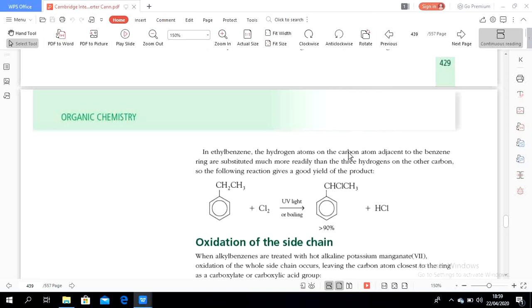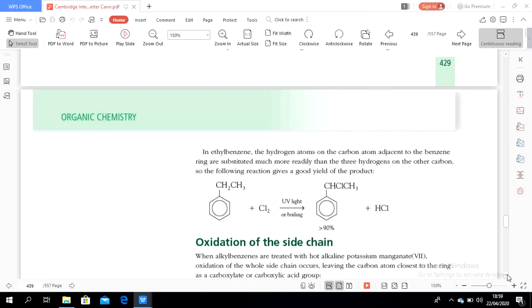The hydrogen atom adjacent to the benzene is substituted more readily than the 3 hydrogens on the other carbon, because there is a positive inductive effect in this one. There is a positive inductive effect that pushes the electron here.